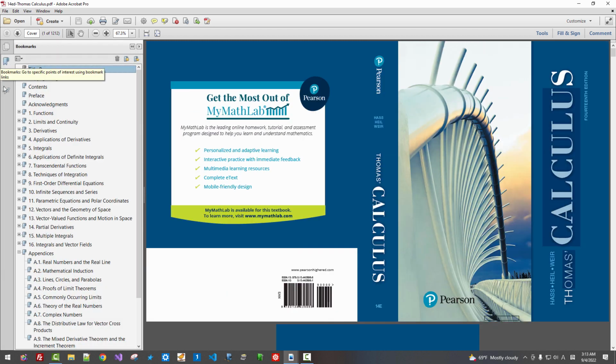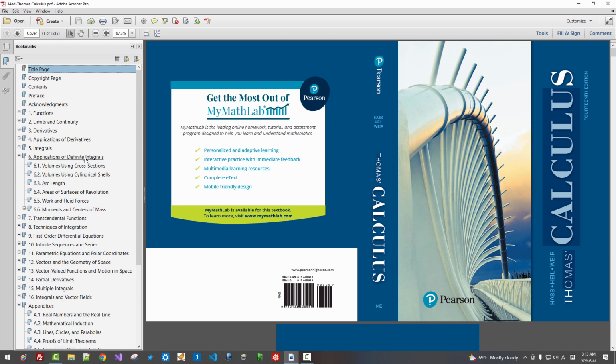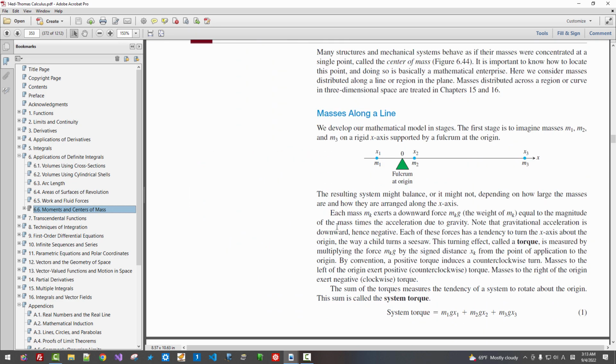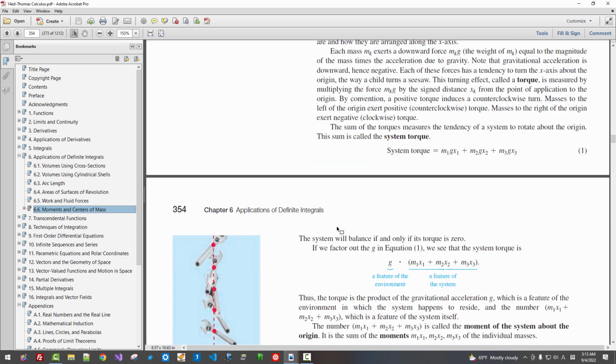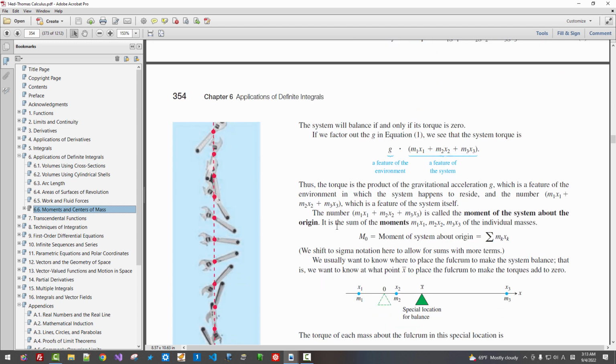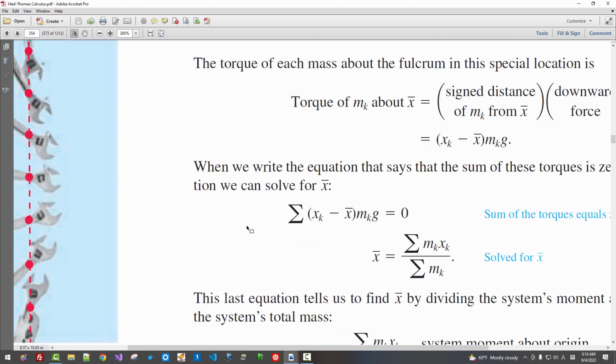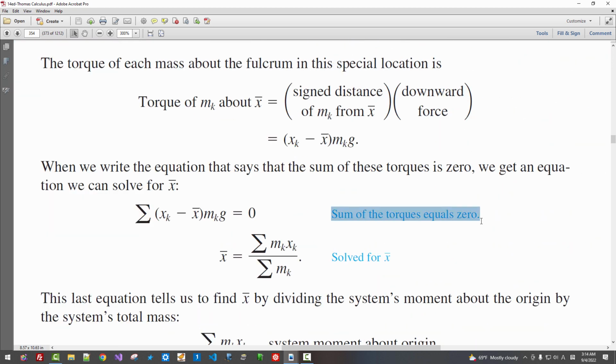From this book, in Chapter 6, Applications of Definite Integrals, Moments and Centers of Mass, I read this part of the text several times, not just once, but at least 3 or 4 more times, very carefully. What I didn't quite understand in this book is this part.